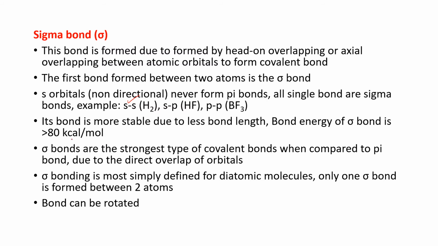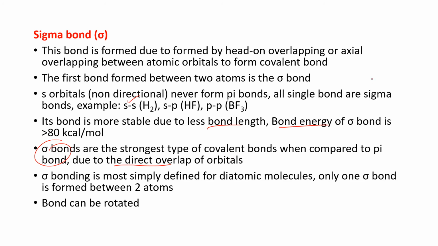Okay. Its bond is more stable due to the less bond length, and also the bond energy of the sigma bond is greater than 80 kilocalories per mole. So why is the bond more stable and stronger? Only one reason, that is less bond length. The sigma bonds are the strongest type of covalent bond when compared to the pi bonds due to the directional overlapping of the orbitals.